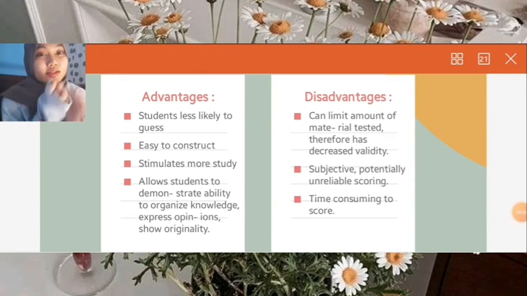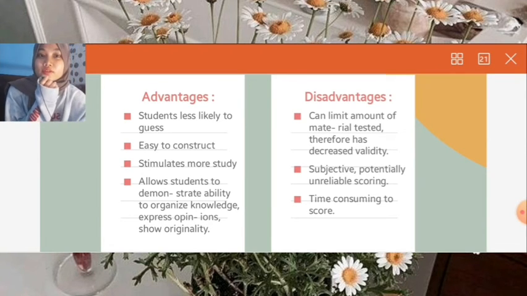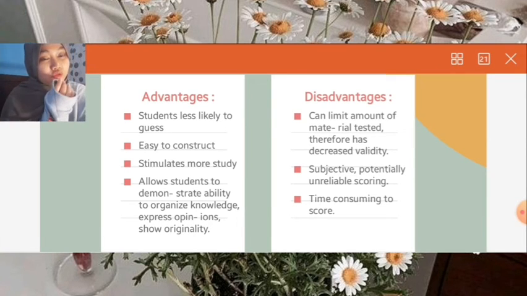Okay, the next presentation is about advantages and disadvantages. The first point is students are less likely to catch, and the second, easy to construct. The third, stimulates more study, and the fourth, allows students to demonstrate ability to organize knowledge and express opinions, so originality.